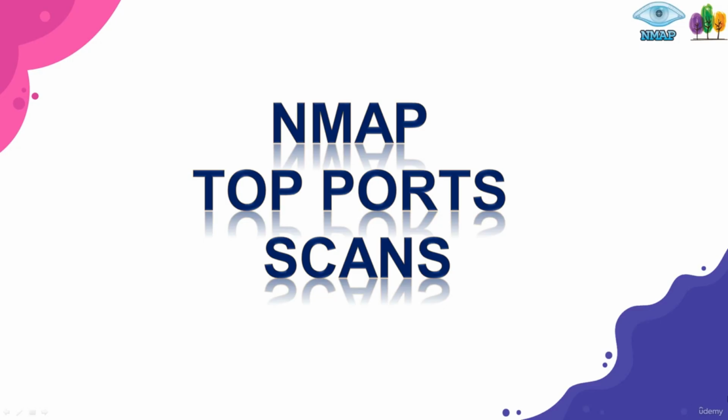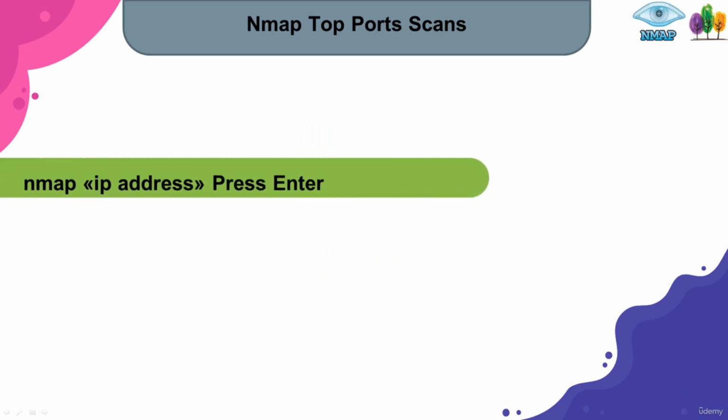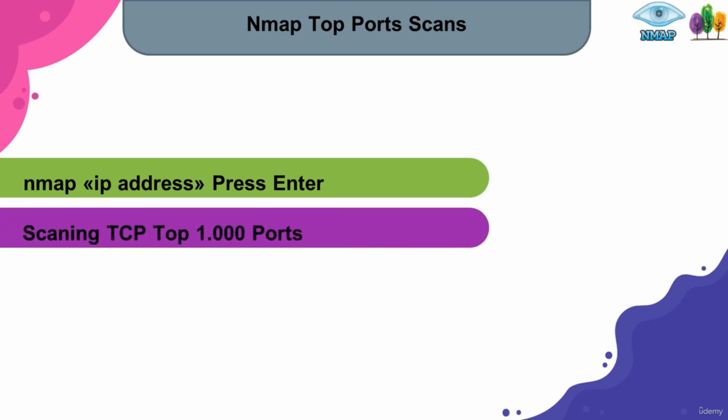Scanning the top 20 and the top 100 ports with Nmap. I'll remind you, in our very first scan with Nmap, all we did was enter nmap and the IP address. Since we didn't enter any port parameters in that scan, by default Nmap scanned the top TCP 1000 ports. This may be reasonable for a single host, however it will not make sense to scan the entire network.